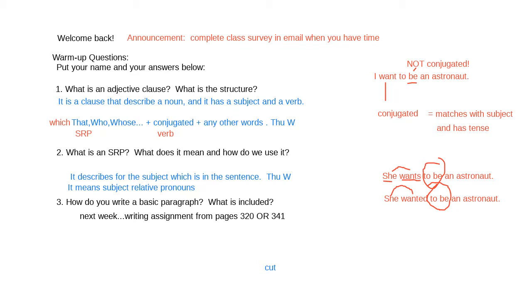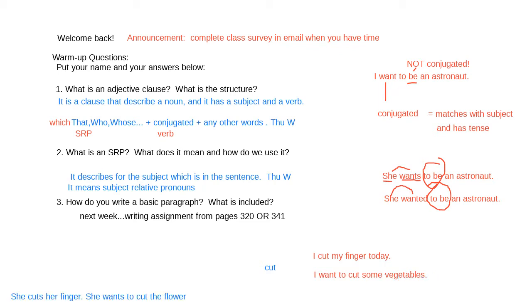Can you repeat your sentence that you said when it's a conjugated verb and when it's not, using the same verb? I cut my finger. Yes, I cut my finger today. And the other one? I want to cut some vegetables.